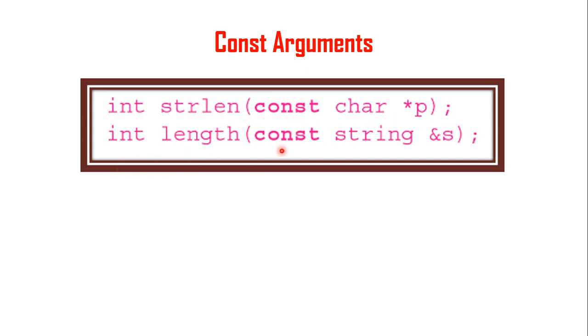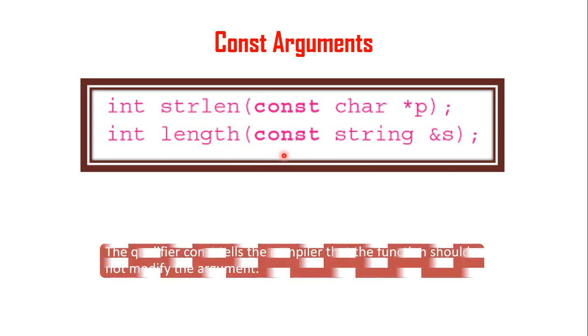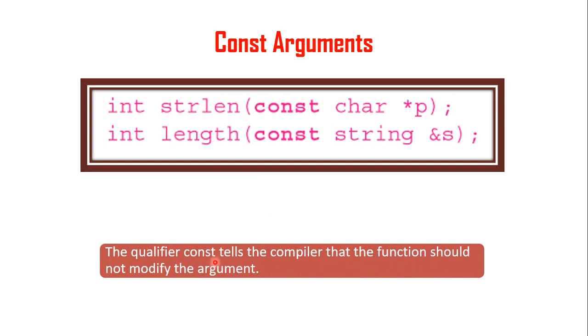Similarly, int length string s, again it is using a reference variable here. As it uses the reference variable, still it is not going to be affected because of its constant qualifier. This constant qualifier tells the compiler that the function should not modify the argument.